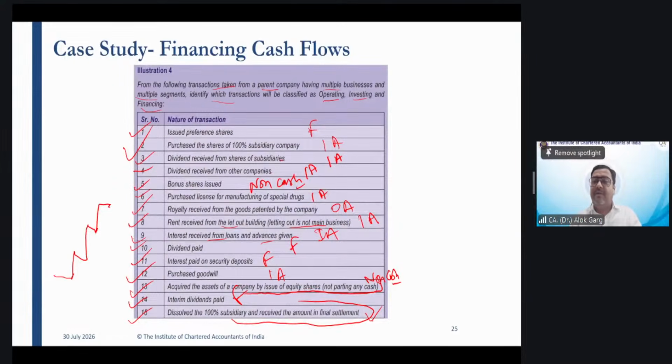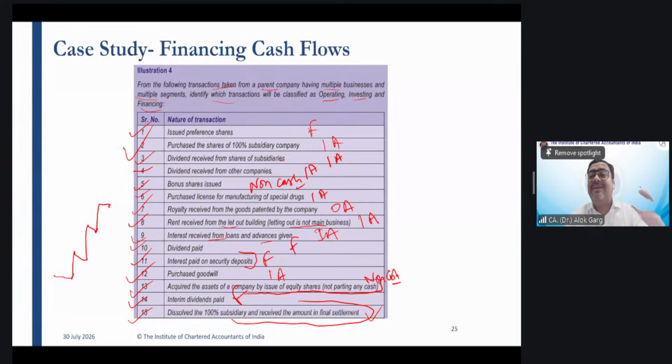Number 11 is interest paid on security deposit, Saminathan. Normally, companies take interest-free security deposits. For example, the company has given premises on a rental basis, and the security deposit is interest-free. But why is the company ready to pay interest on a security deposit?